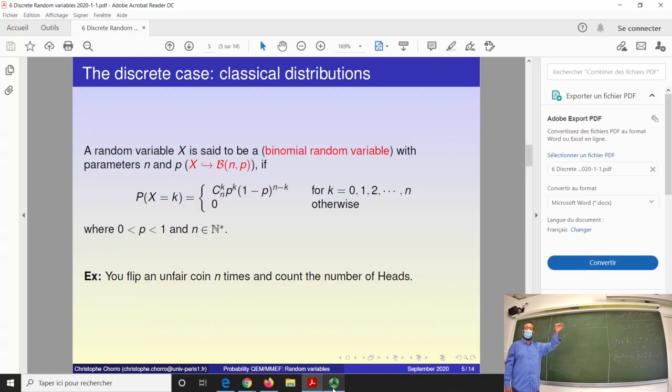I obtain tail on the first, and tail on the second, and tail on the third. It's multiplication, not sum. It's not or, it's and. So I can write it this way. It's the probability to obtain tail on the first, tail on the second, and tail on the third. It is 1 minus P to the power 3.